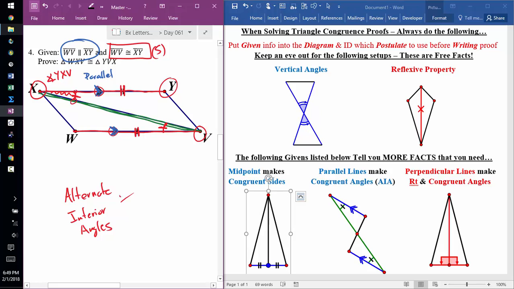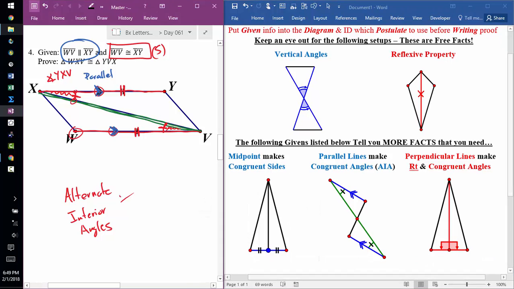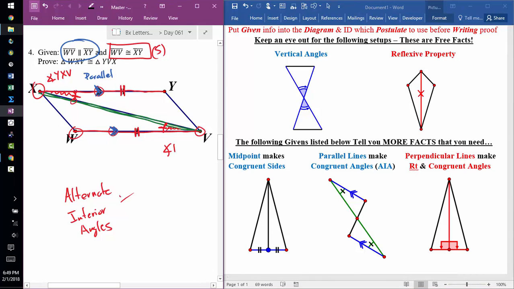And then the other angle, the angle down here, that is WVX. That is angle WVX. The vertex where the angle is has to go in the middle. So that's a nice way to remember it.